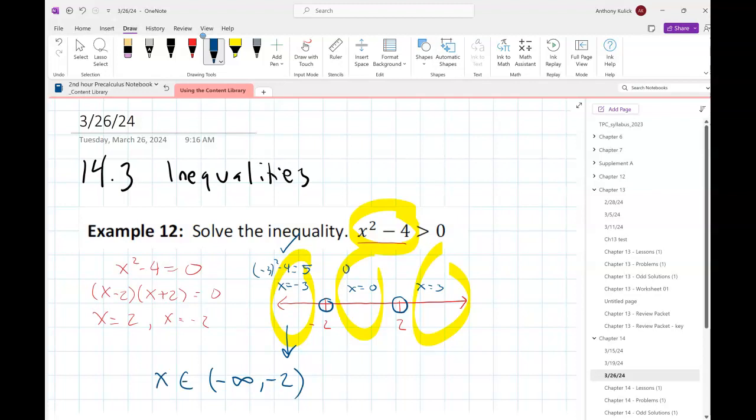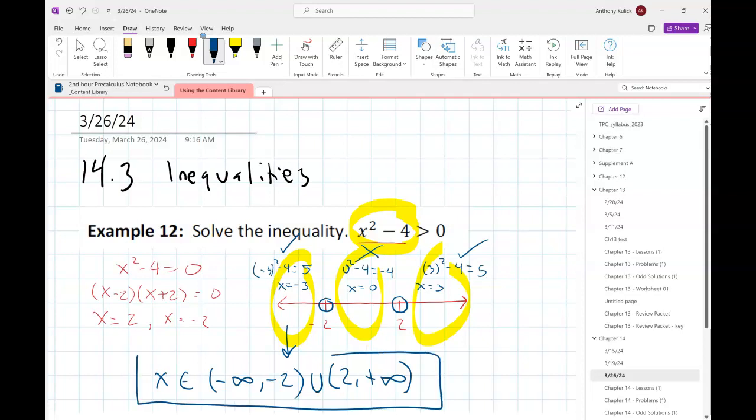If I plug in 0, 0 squared minus 4 is negative 4. That is not greater than 0. So that does not contribute to my answer. And then if I take my last one, I do 3 squared minus 4. Well, that's 5. That's greater than 0. So that section contributes to my answer. And I'm done. So far, so good.